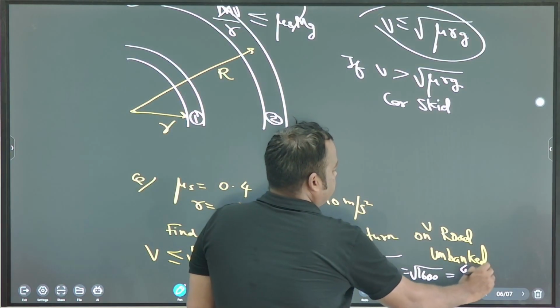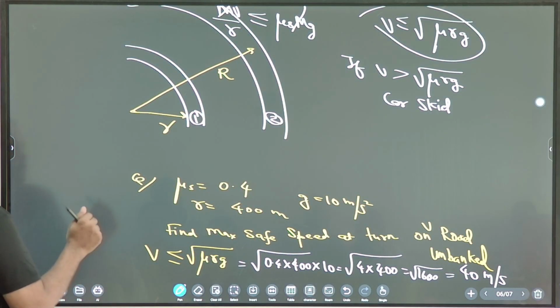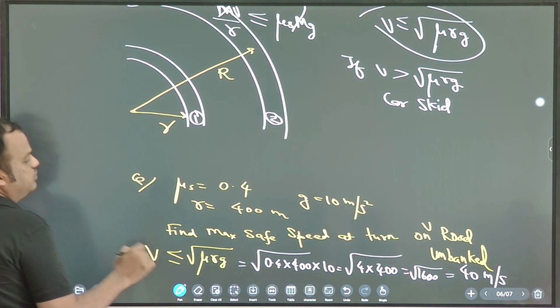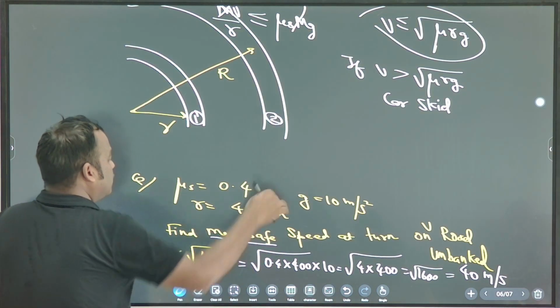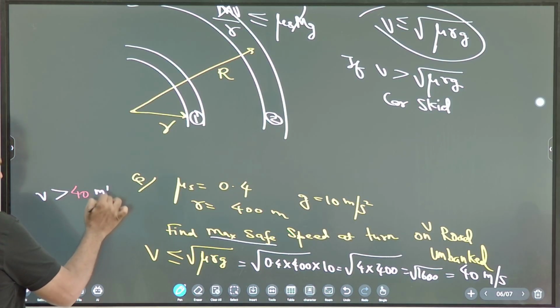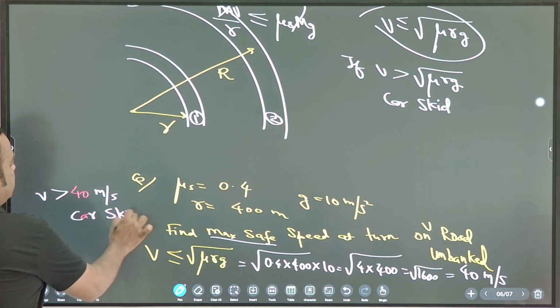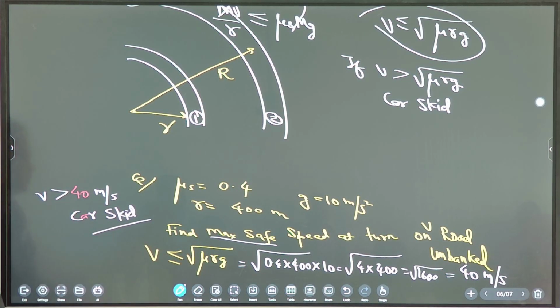So 40 meter per second. If your speed is up to 40, it is okay, safe. More than 40, it is not safe. If more than 40 meter per second, the car will skid, slip. Okay, clear?